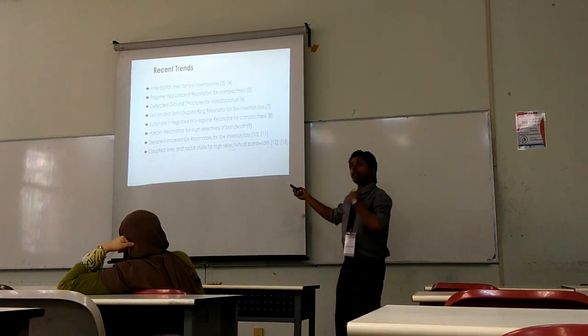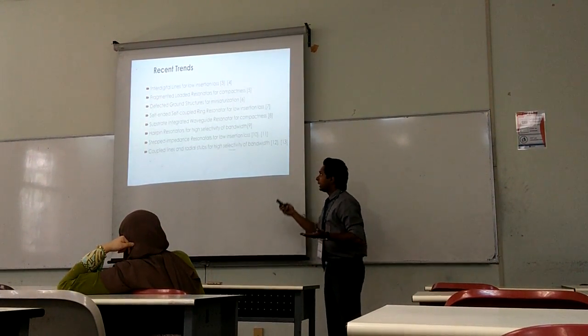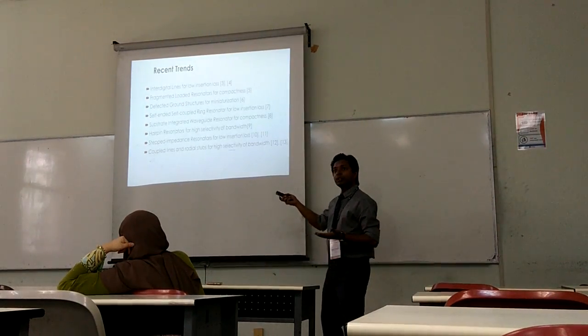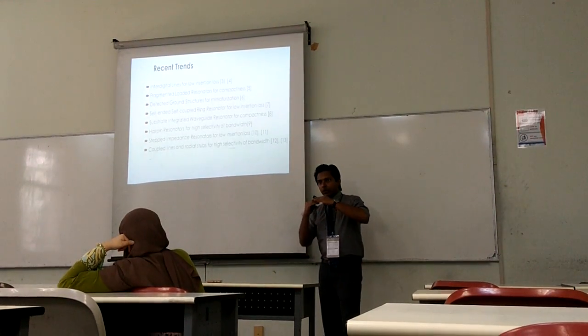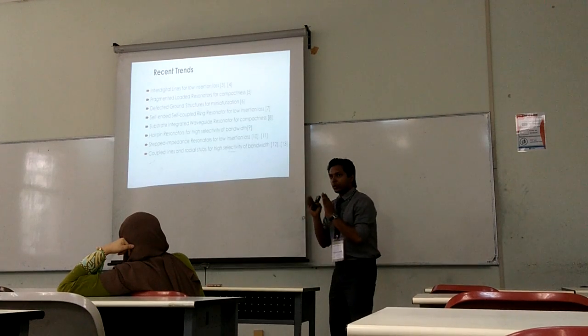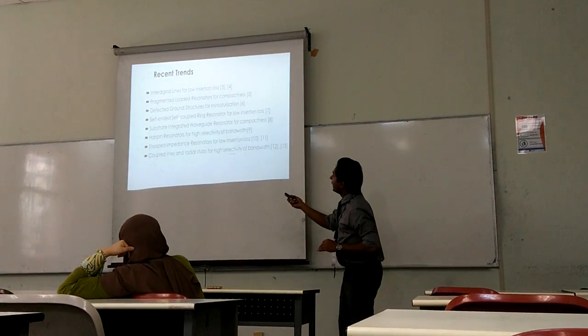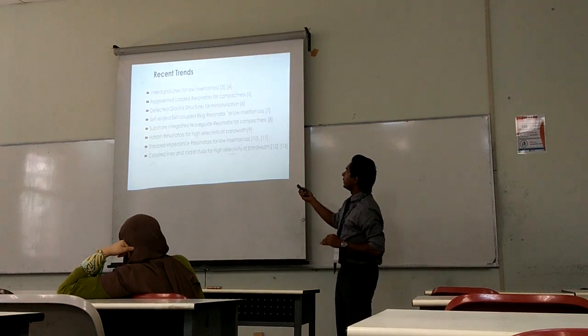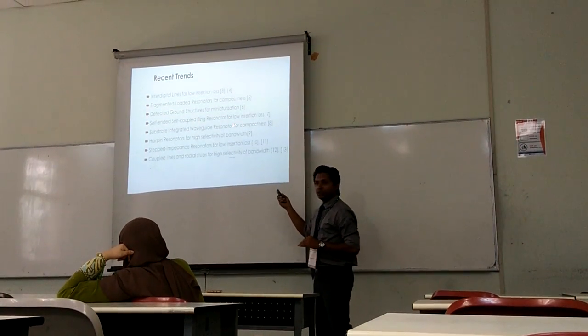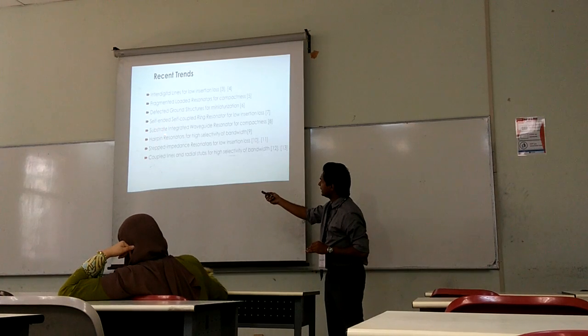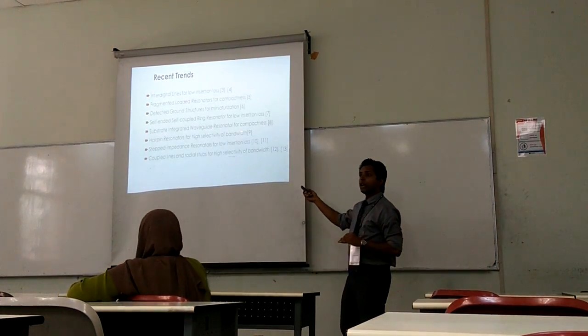Another is, if you need further miniaturization, then you will use the defected ground structure that I already mentioned in the introduction part. You will defect the ground there, so that can make your filter more compact. And another is the self-coupled ring resonator. This is also for achieving low insertion loss. Another is the substrate integrated waveguide resonator.